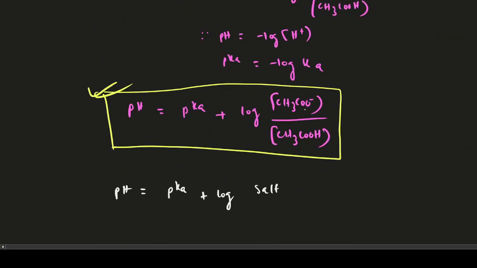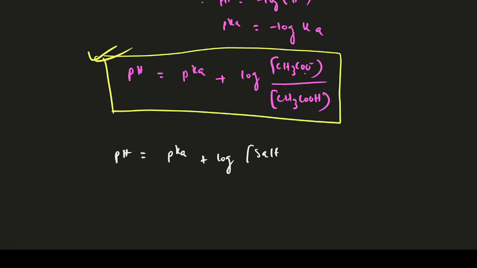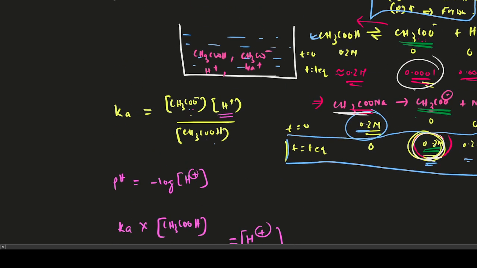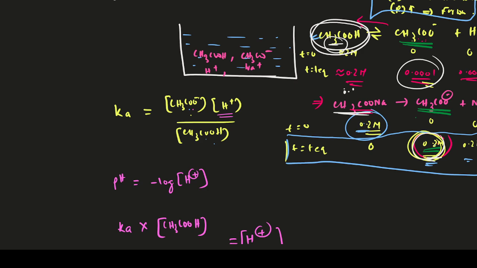So I can write CH3COO minus as the salt concentration, and due to common ion effect this concentration increases to nearly 0.2 molar, because the forward shift occurs, and this is a high value, meaning nearly not dissociated. So it is better to put the acid concentration, that is CH3COOH concentration, should be 0.19, but since this is nearly the initial value, I will put the initial value.